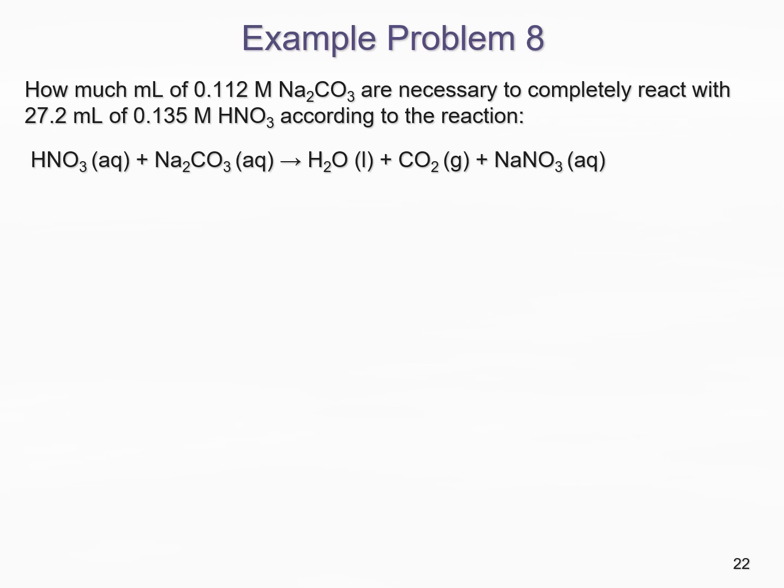All right, our last example problem before we wrap up this chapter. This is very similar to our titration in our experiment in our lab. So how many milliliters of a solution of sodium carbonate, Na2CO3, are necessary to completely react with 27.2 milliliters of a certain concentration of HNO3 according to this reaction?